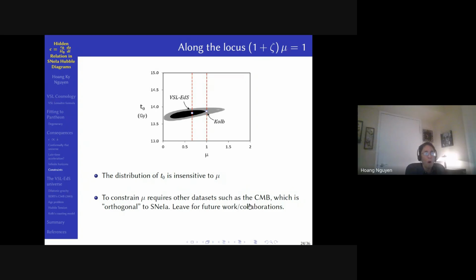I'm speculating here that if we apply the VSL cosmology to the CMB, hopefully we get another locus around here. I'm just speculating, okay? So suppose we have some line here. So the lines cross and give us some constraint in the space for mu. But that will be left for future work of collaborations. Okay.